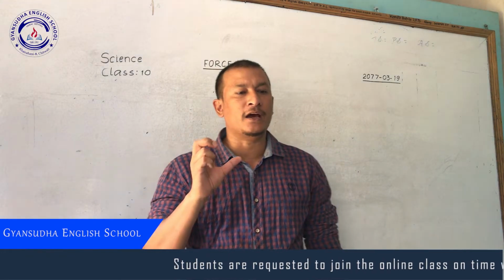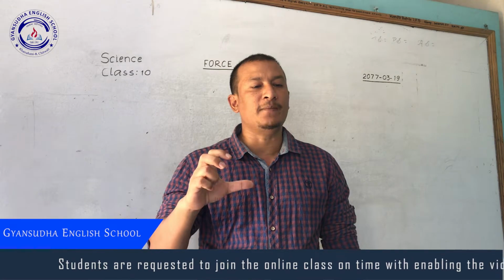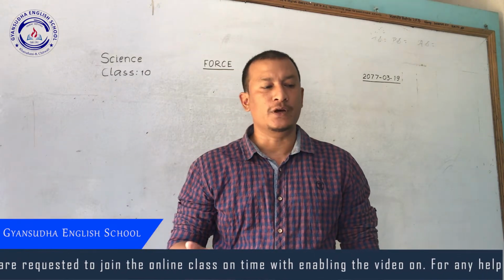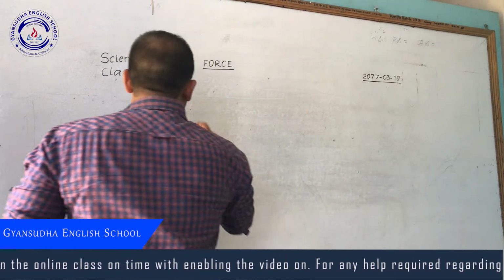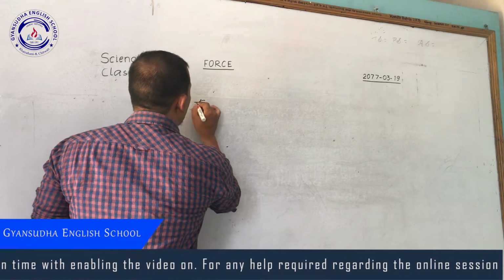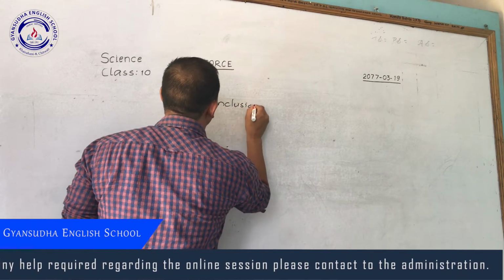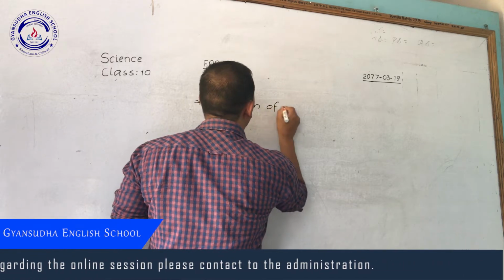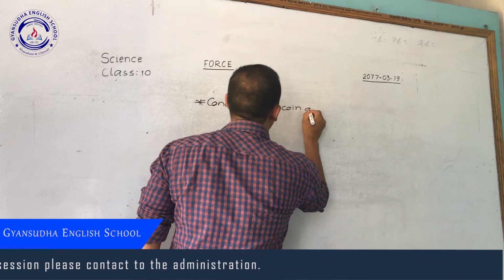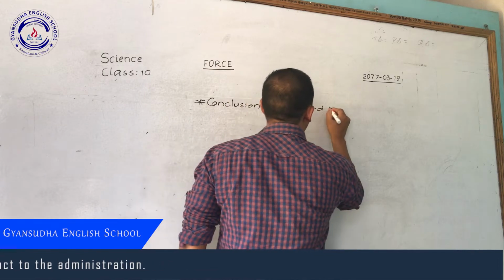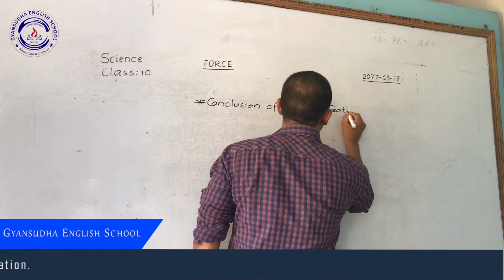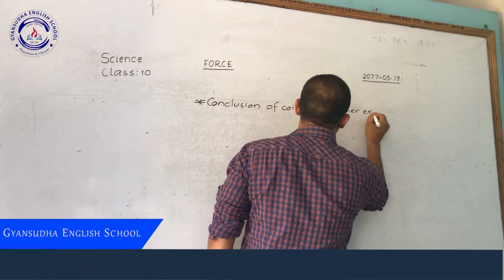That air resistance causes the increment and decrement of acceleration due to gravity. So what we can conclude is the conclusion of the coin and feather experiment.